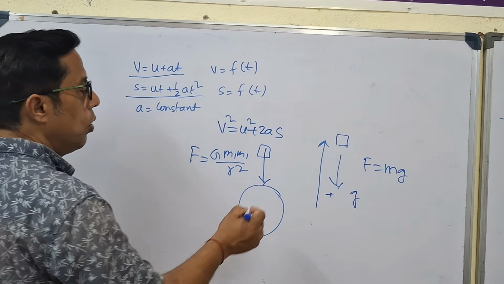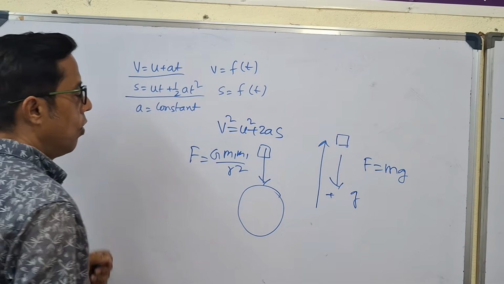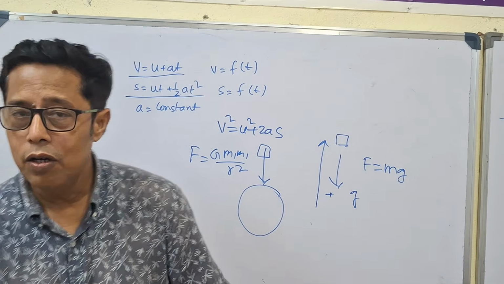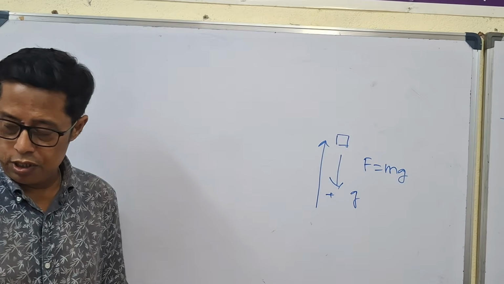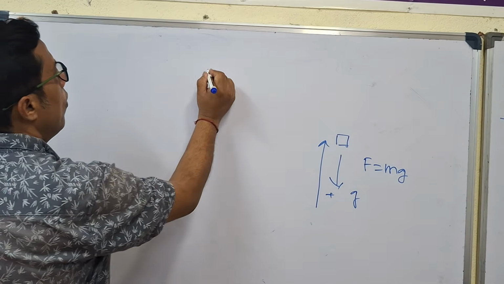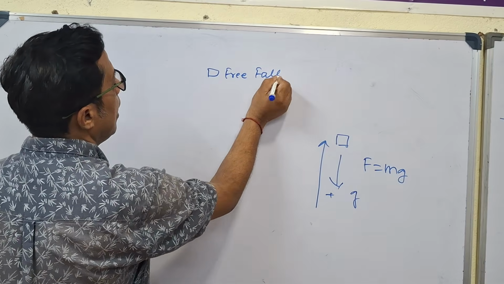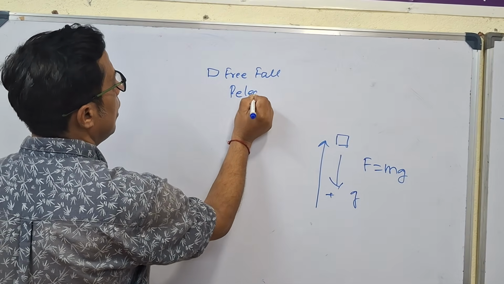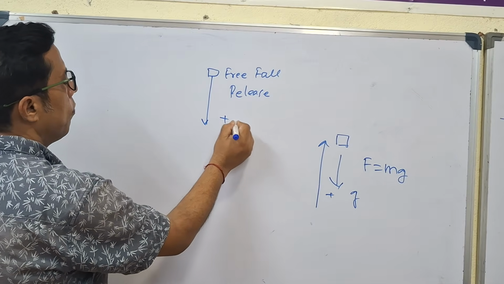Fine. So if you have something, two cases. One is the downward motion, one is the upward motion. Right. So for downward motion, if it is in free fall, or we are releasing something from here, it will fall like this with the positive g.